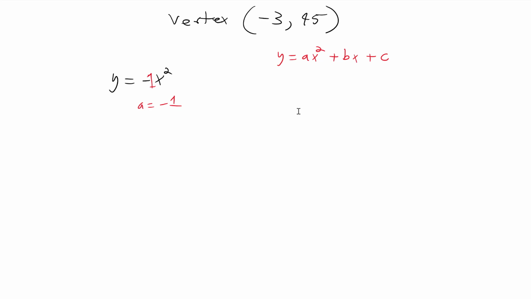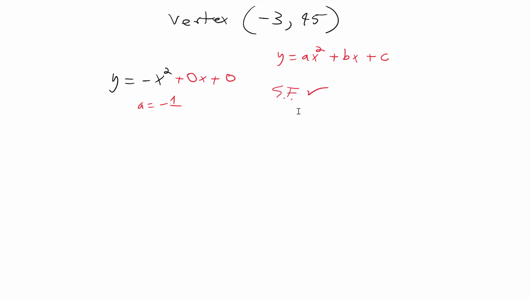In this case, it's a negative 1. A is negative 1. And so what is b and c? Well, in this case, b and c is simply 0. Right? So we can think of this like this: 0x plus 0. And so 0 times anything is 0, plus 0 is still 0. So this is really negative x squared plus 0, which you can just say negative x squared. So this is in standard form already.